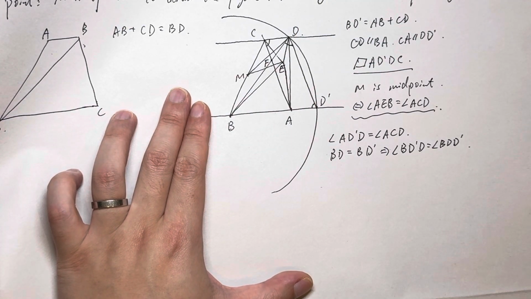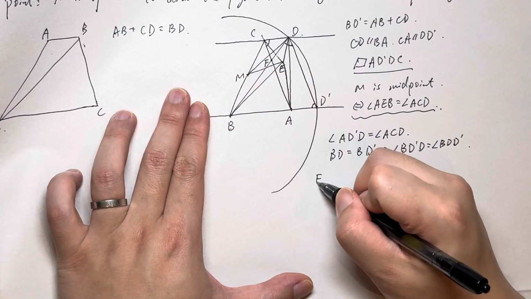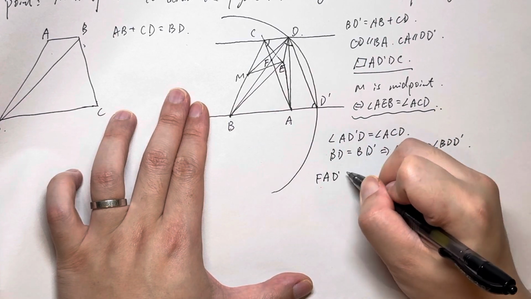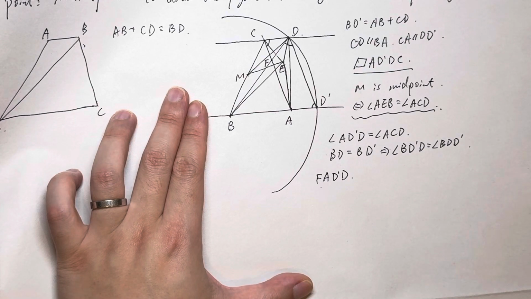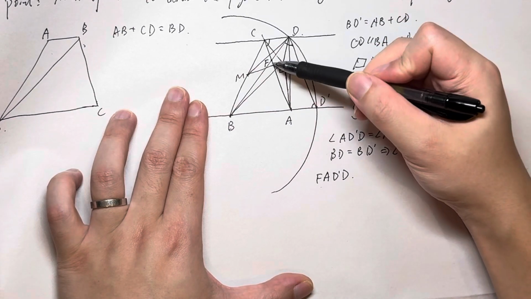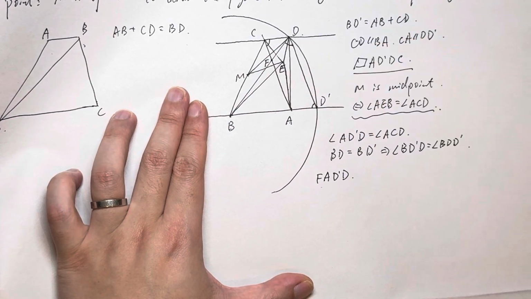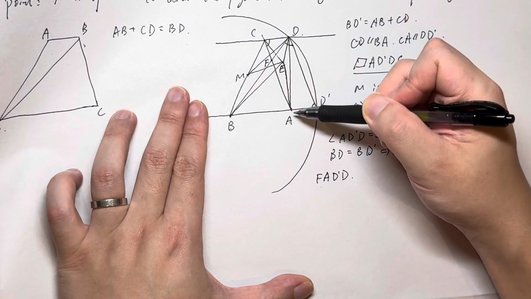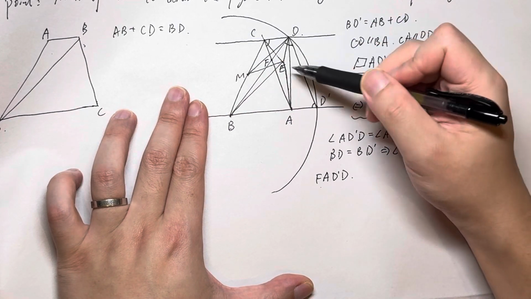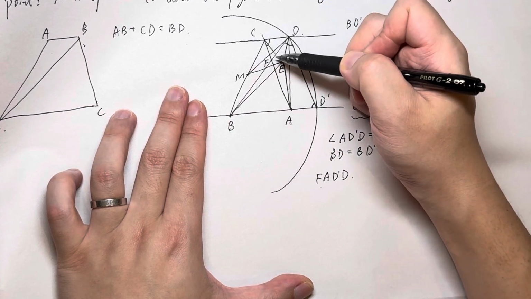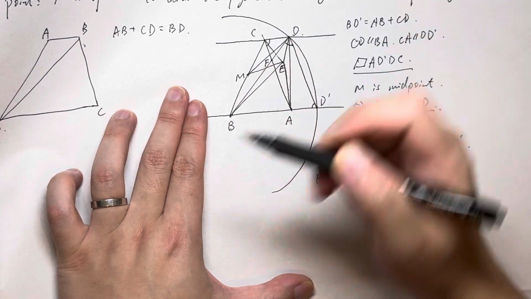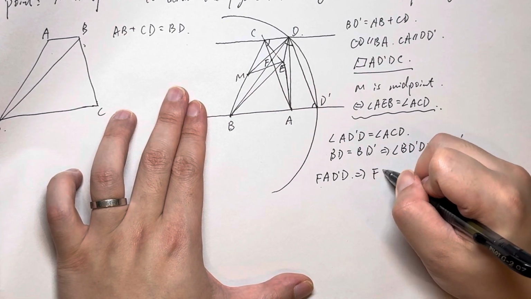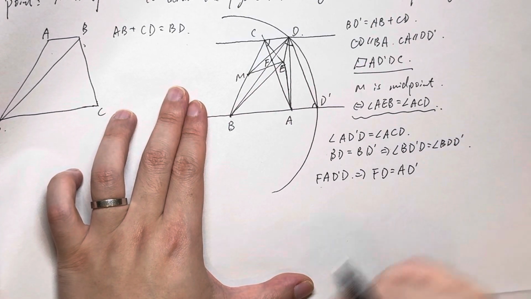Then we know that in the trapezoid FAD prime D, because the base angles are equal, the angle AD prime D equals angle FDD prime. That means FD equals AD prime.